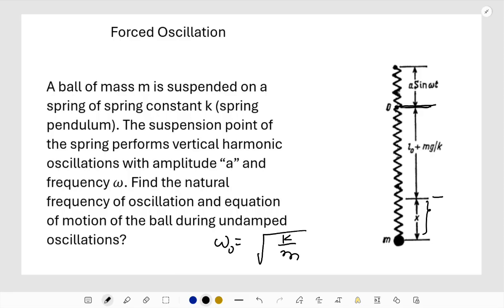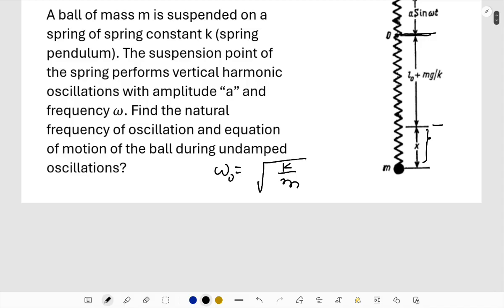No problem writing this. Let us write down Newton's second law of motion for the ball, and we know mg will be acting downward. That means we have taken the positive direction of the x-axis downward. And mg minus the force the spring exerts according to its extension from its natural length.